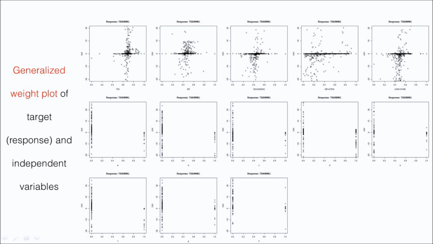Whenever we see that most of the training or testing data is just within the 0, that means this factor is not useful, is not effective. That means the weight of this factor goes around 0. Or if you see the weights on the y-axis, I'm talking, if you see the weight is passing above and below the 0, that means it contributes either in the positive way or in the negative way.